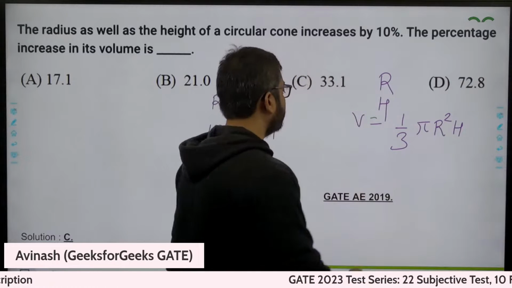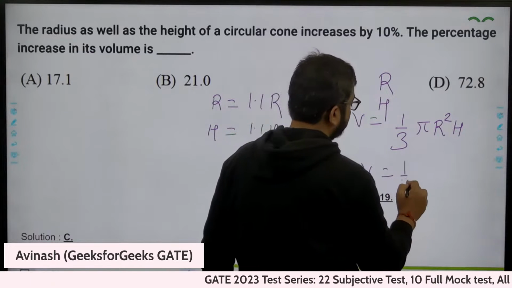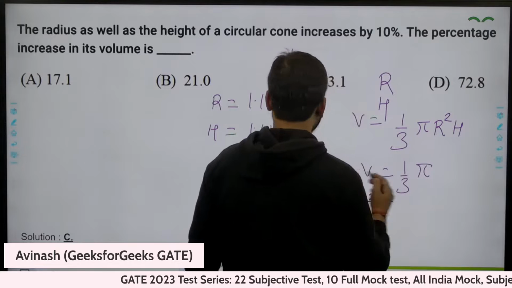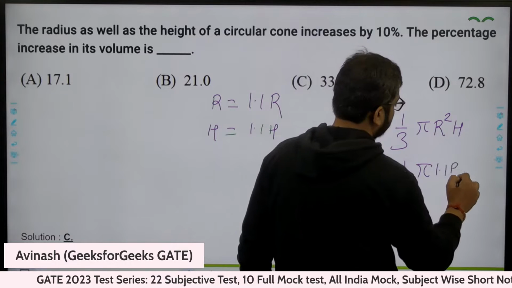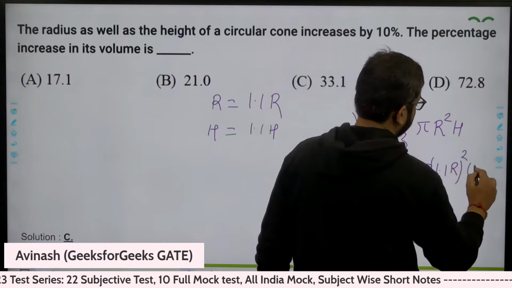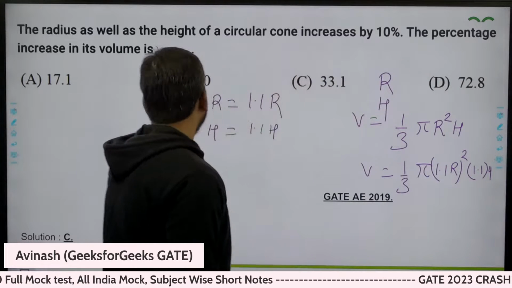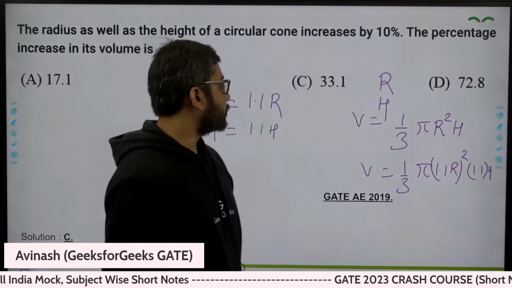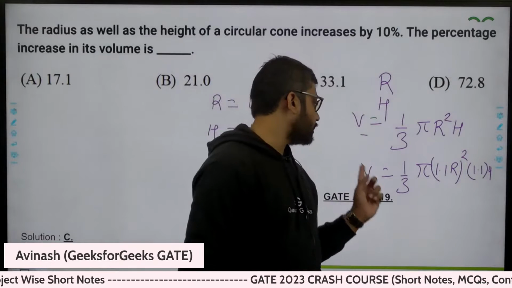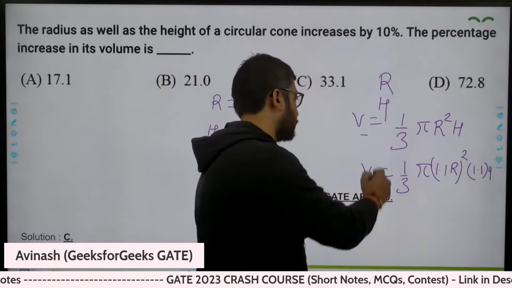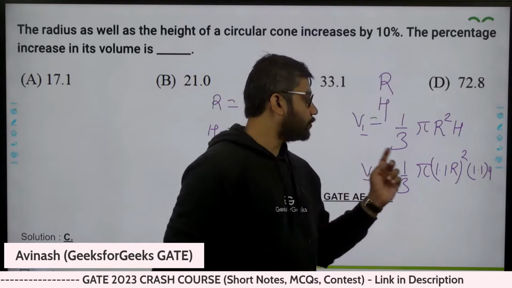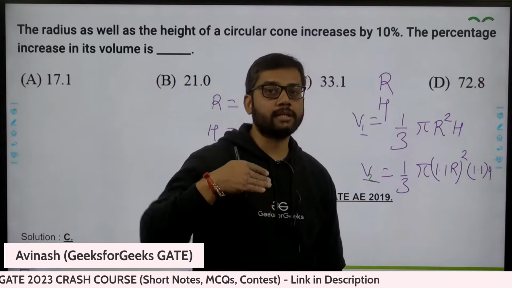Now the new volume will be what? 1 by 3 pi into (1.1 r) square into 1.1 h. So for the percentage increase in its volume, this was the original volume V1 and this one is the increased volume V2. What they are asking is how much it got increased.